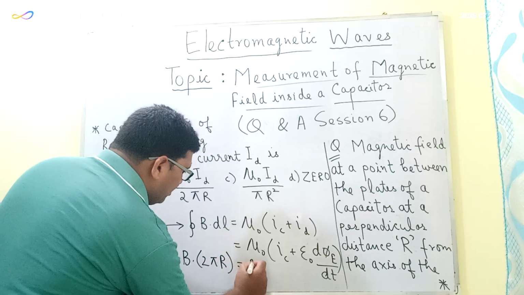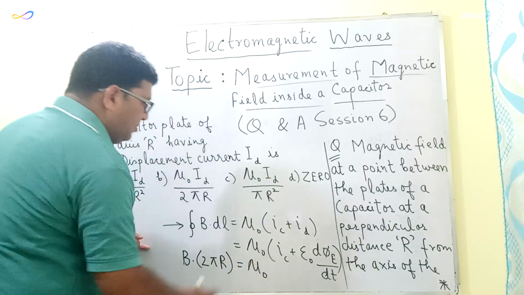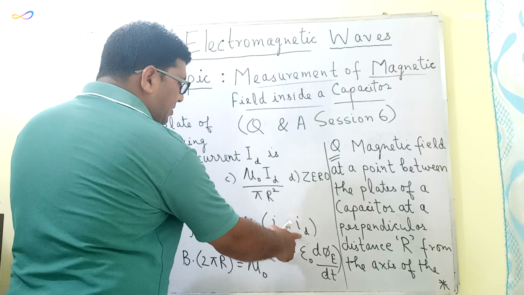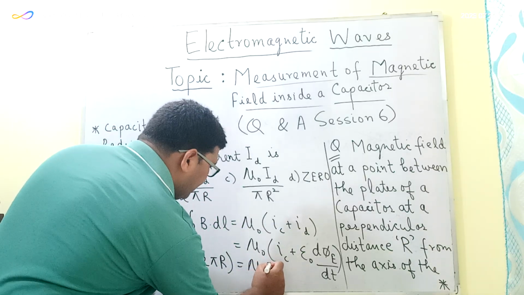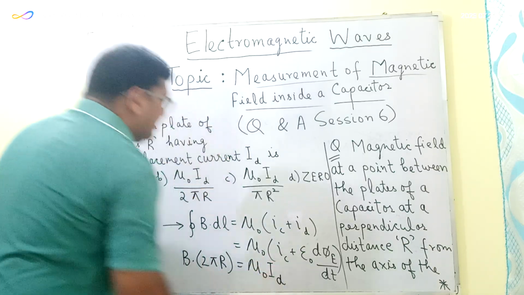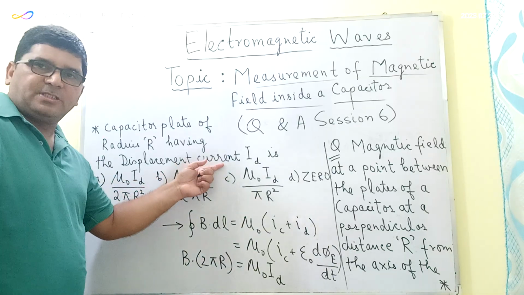This is equal to mu naught into, since IC is equal to 0, only ID, where ID is the displacement current, which is already given in this question.